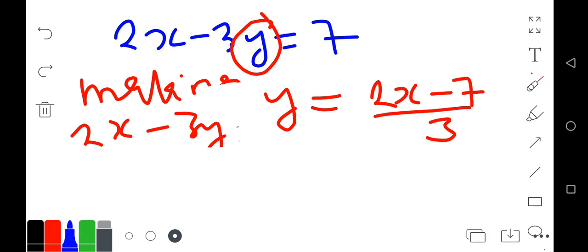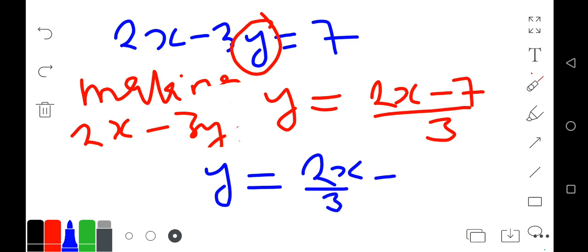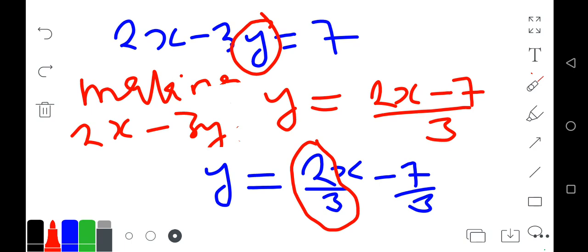So y equals 2x divided by 3, and also 7 divided by 3. By looking at the coefficient of x, we know that the gradient of this line is 2 over 3.